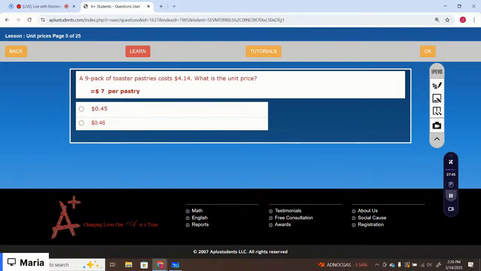A 9 pack of toasted pastries costs $4.14. What is the unit price?